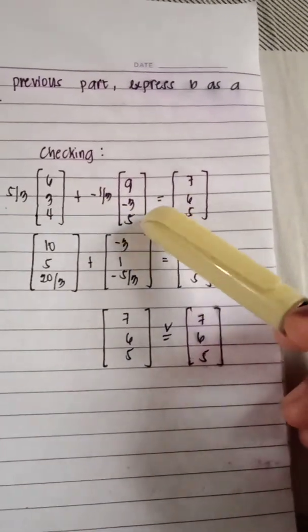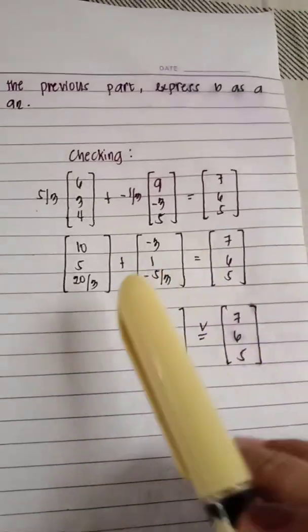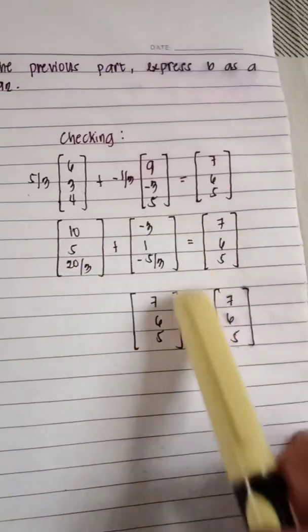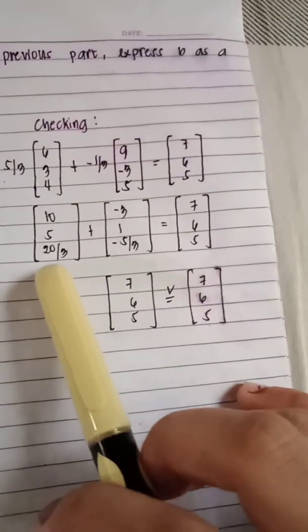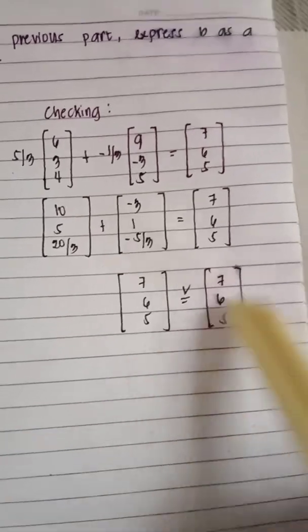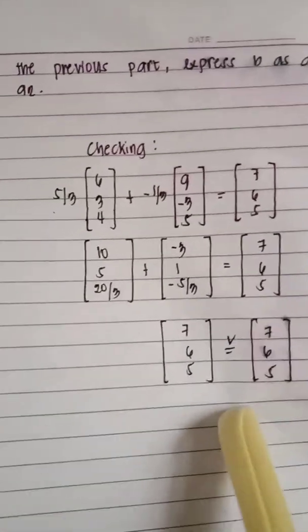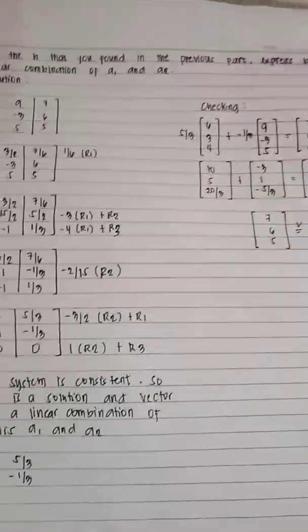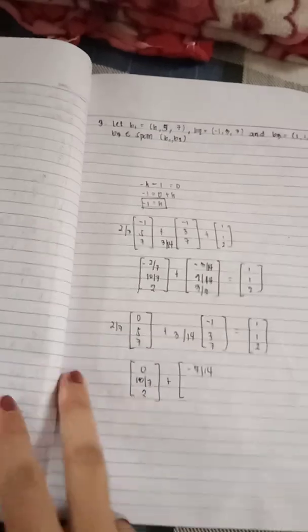Negative 1 over 3 times 5 is equals to negative 5 over 3. So, 10 plus negative 3 is equals to 7. 5 plus 1 is equals to 6. 20 over 3 plus negative 5 over 3 is equals to 5. So, they are equal, so our answer is correct.